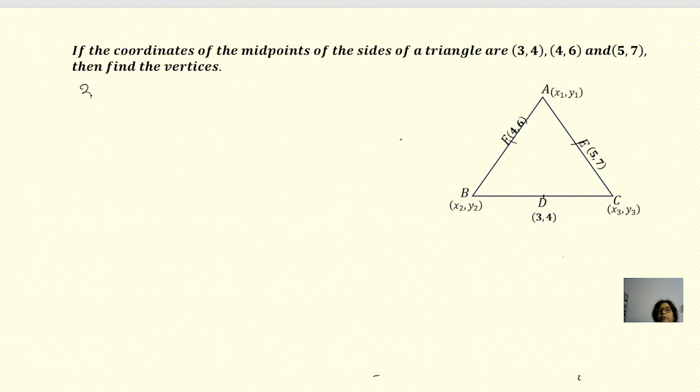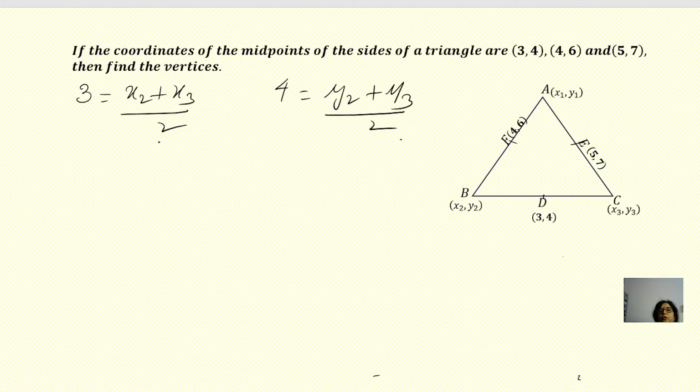So I can write using the midpoint formula 3 is equal to (x2 plus x3) by 2 and 4 is equal to (y2 plus y3) by 2. So from here we get 6 is equal to x2 plus x3 and 8 is equal to y2 plus y3.